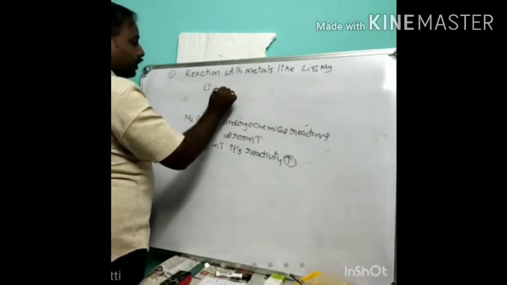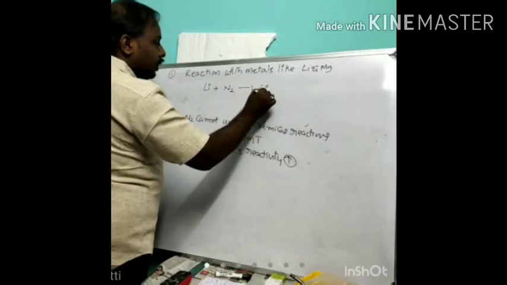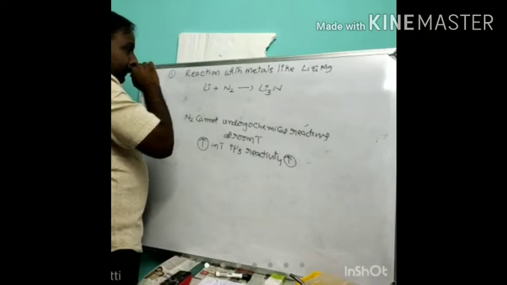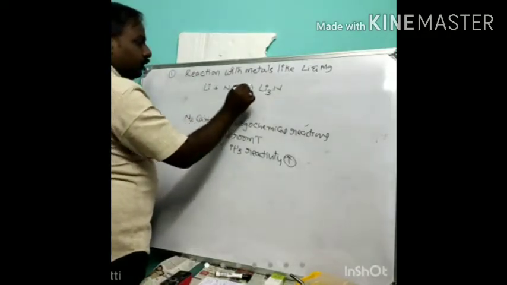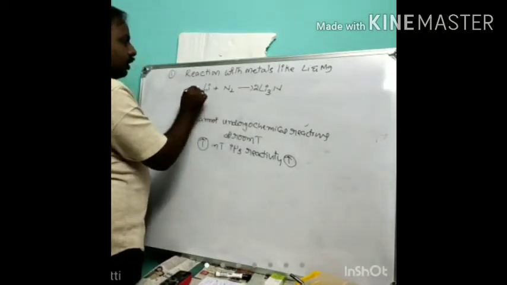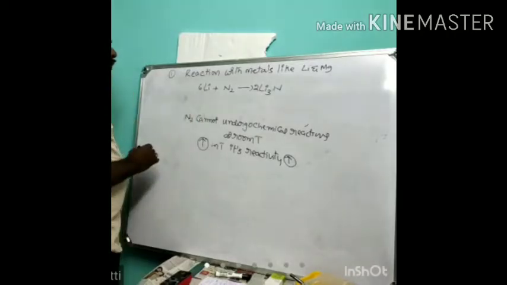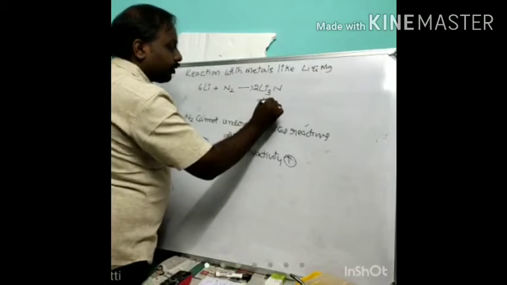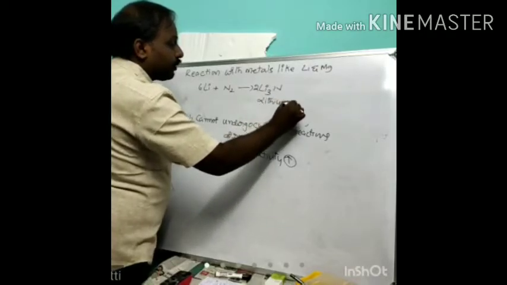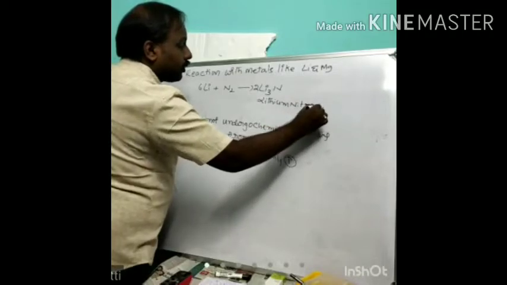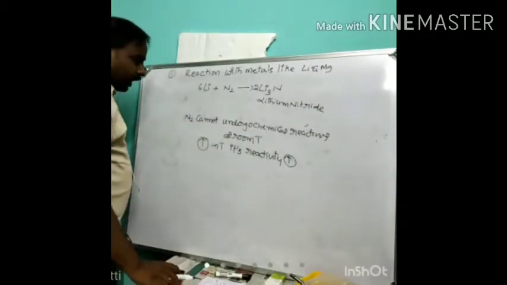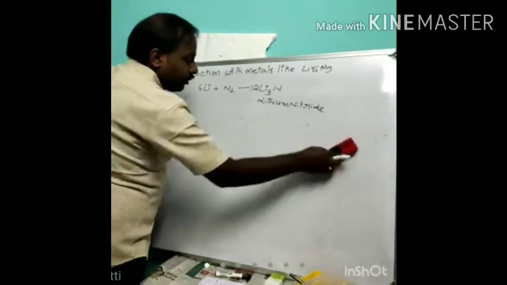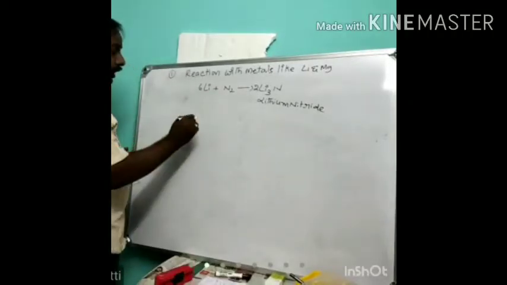Lithium reacts with nitrogen and forms lithium nitride. Here you take 2 moles of nitrogen and 6 moles of lithium. This is called lithium nitride.